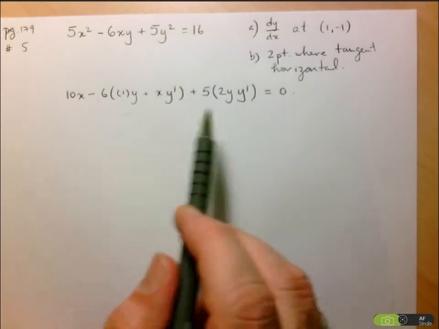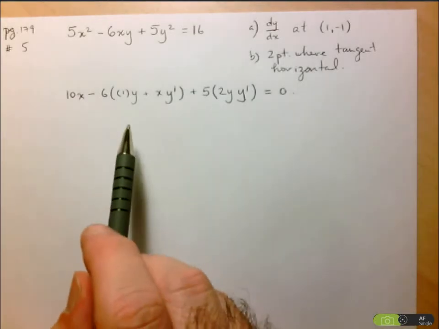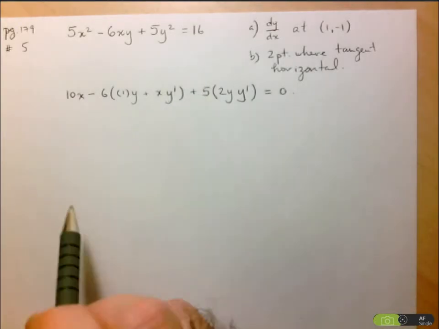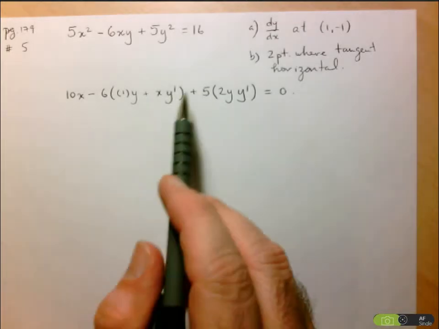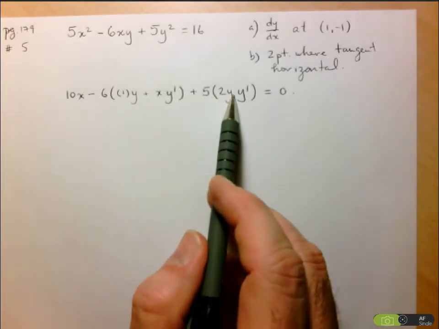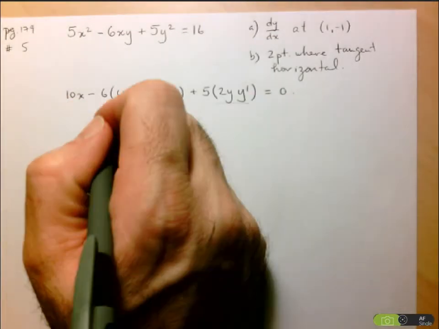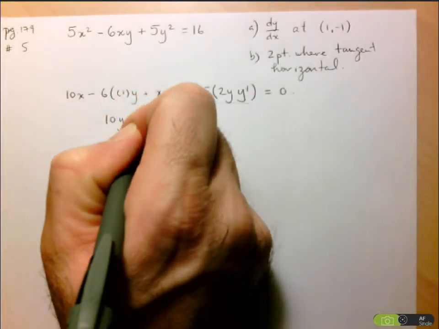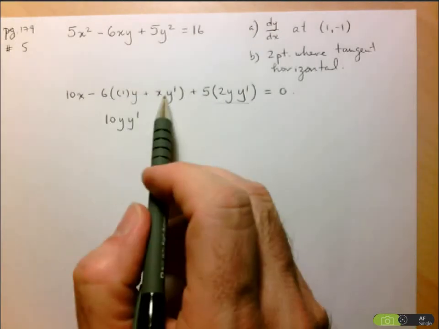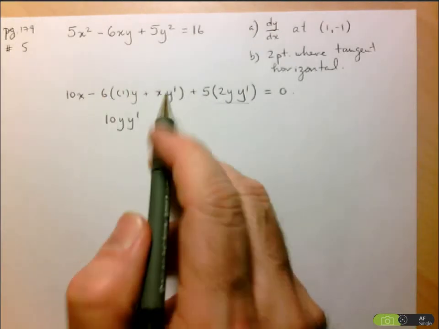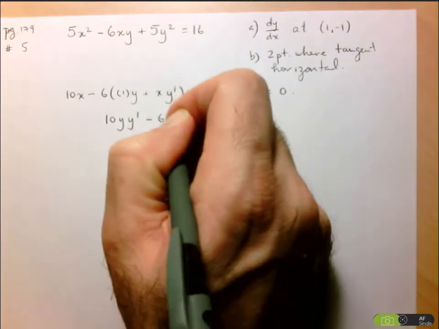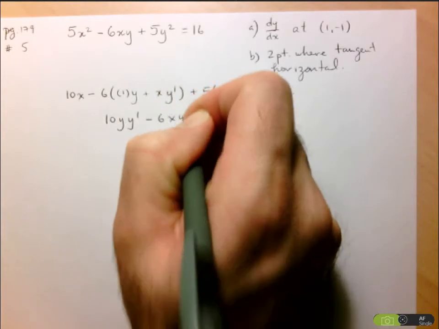So now that we've taken the derivative of both sides, our next step is to isolate y prime on one side of the equation. I'll keep on this side the 10y y prime from this expression here, so 10y y prime, and then here I've got the negative 6 times x y prime, so minus 6x y prime.